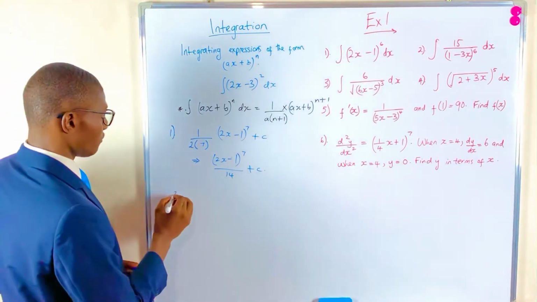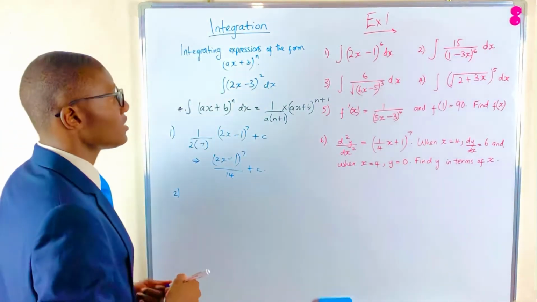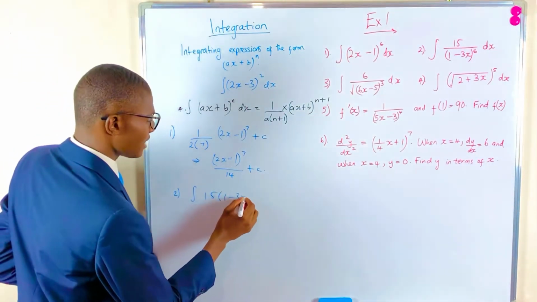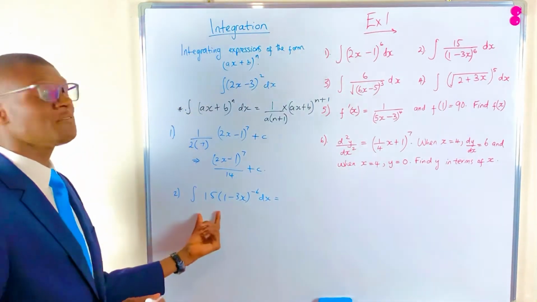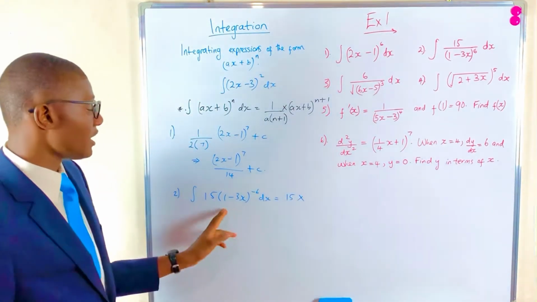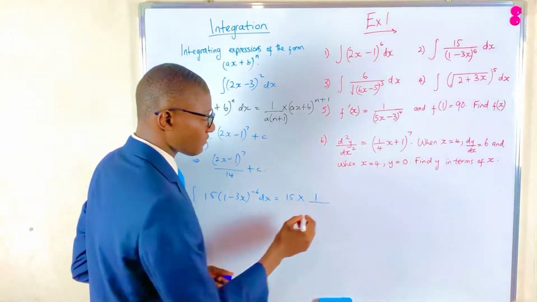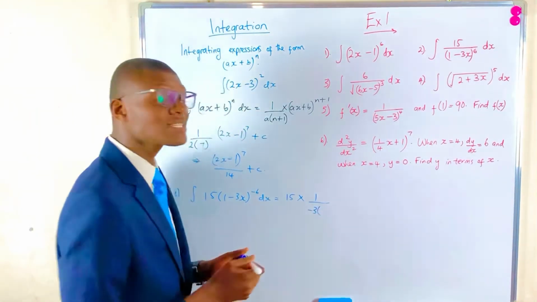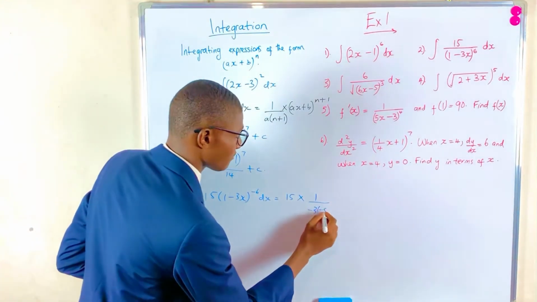And then for number 2, we have to raise this into the numerator. So it will be the integral of 15 times (1 - 3x)^-6 with respect to x. Since 15 is a constant, we can just take it out and say 15 multiplied by the integral of (1 - 3x)^-6. We are saying 1 over the derivative of what's inside the brackets, that's minus 3, multiplied by the power n + 1, minus 6 + 1, you get a minus 5.